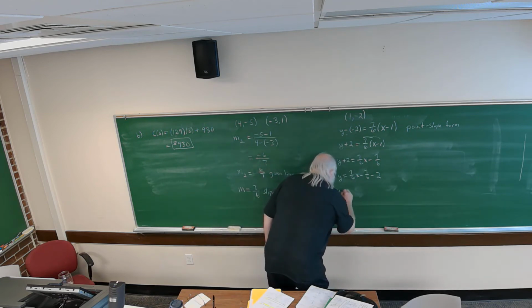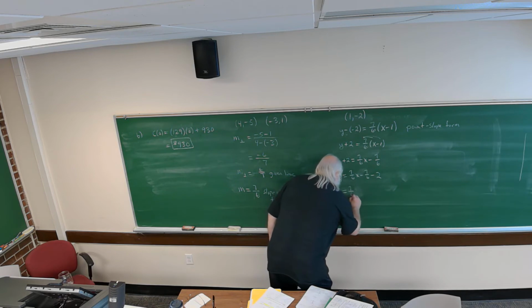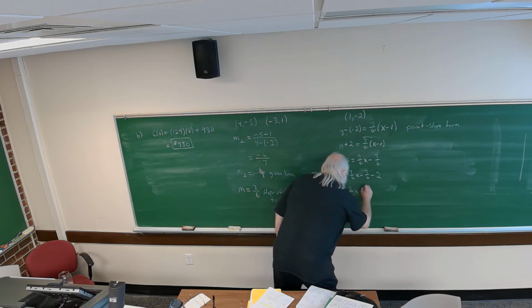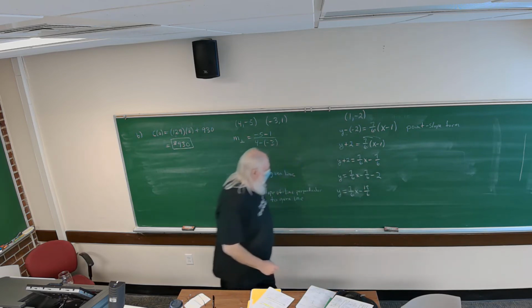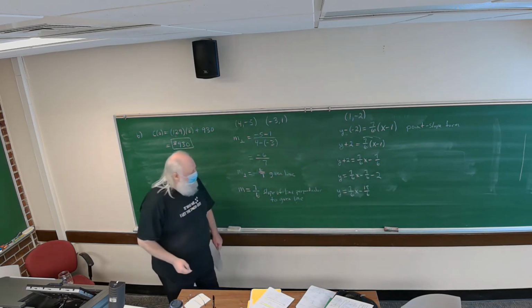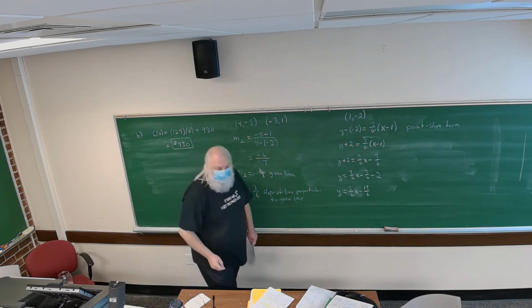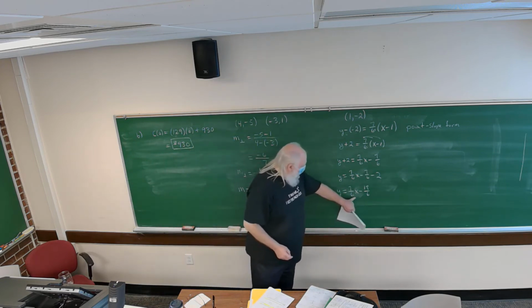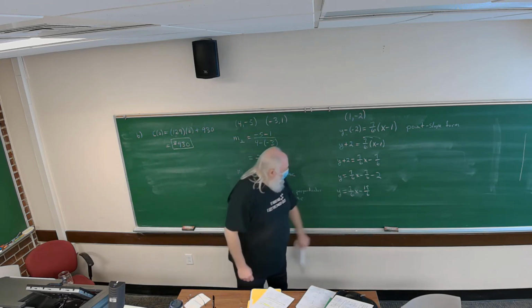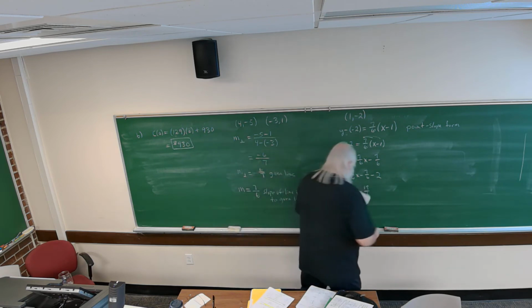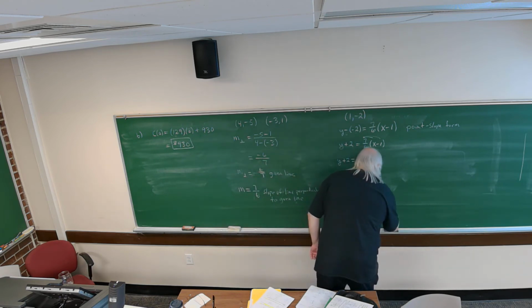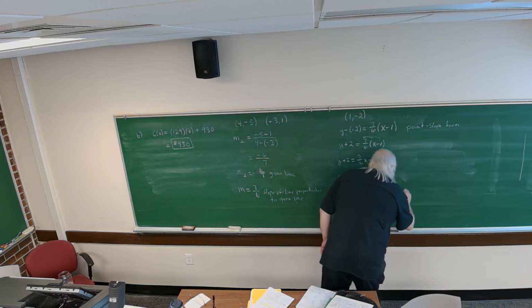So we end up with y is equal to 7/6x minus 19/6. And we're done. Just slope-intercept form. Slope is 7/6. The y-intercept is minus 19/6. This is slope-intercept.